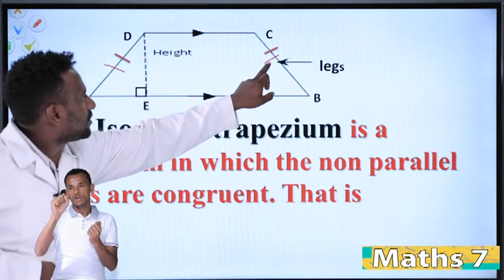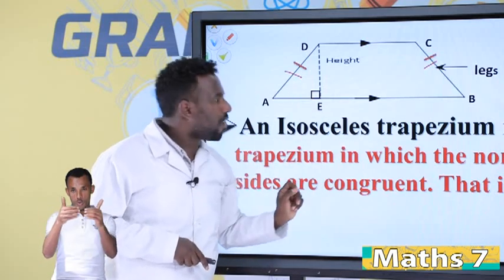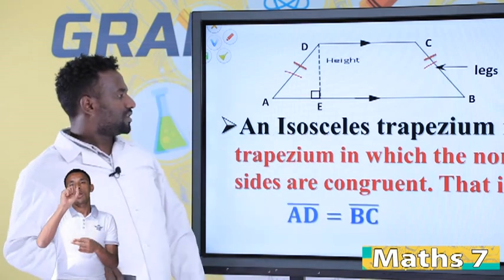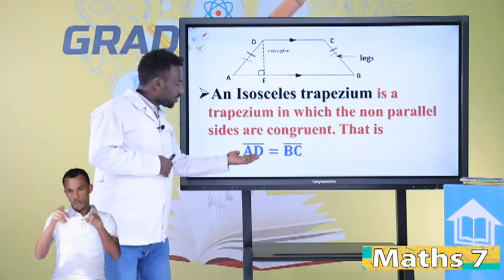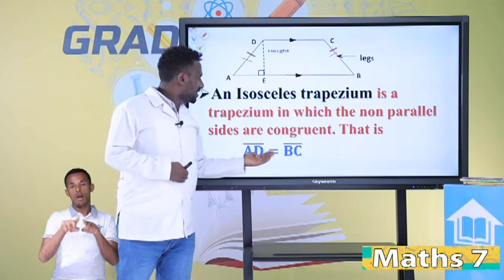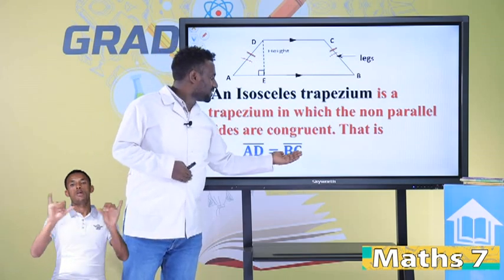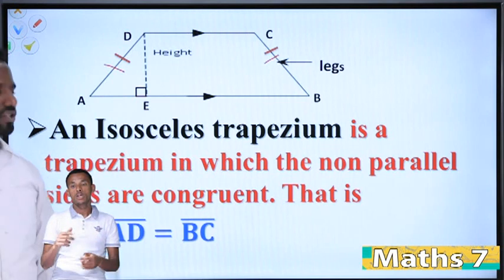So these two non-parallel sides are equal, and the trapezium is said to be an isosceles trapezium. So the non-parallel sides, or legs, of the trapezium are congruent. AD and BC have congruent lengths, so it is said to be an isosceles trapezium.